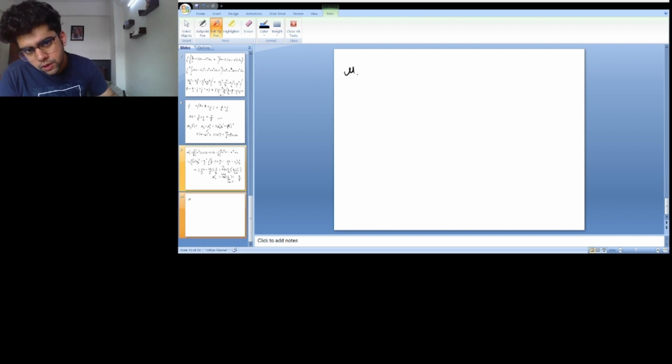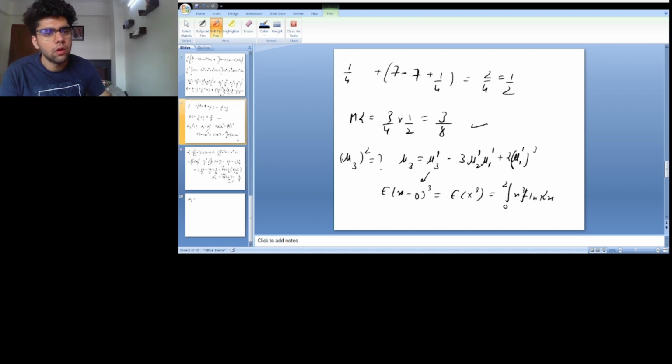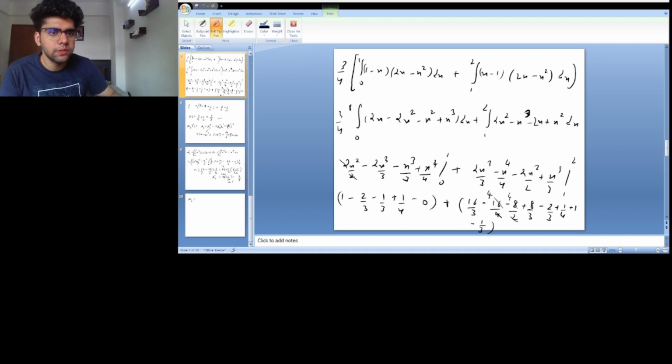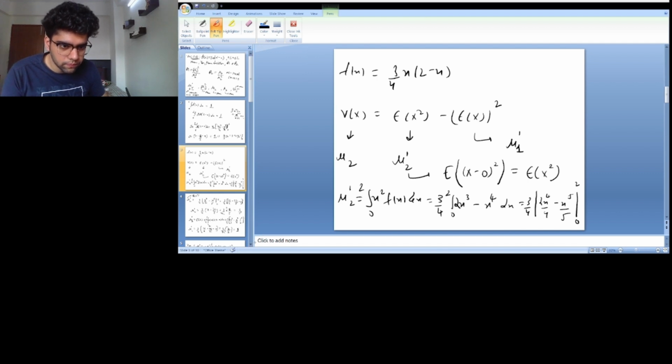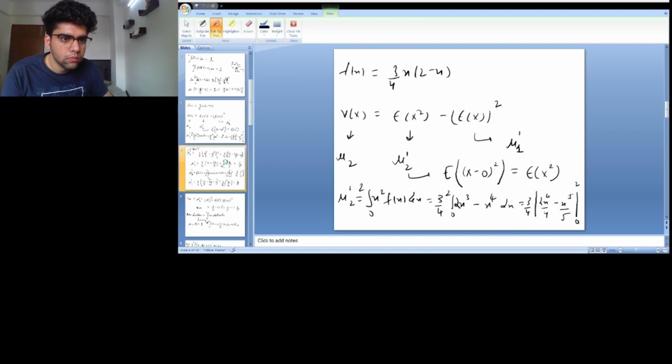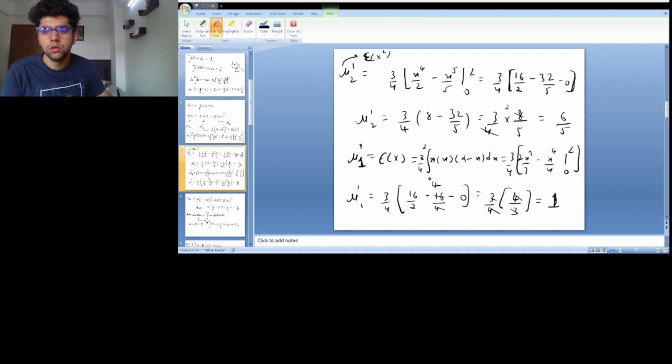So first, let me just find this. Let me just write all of the values first. So this was 1 and this was 6 by 5. So the second moment with respect to the origin is 6 by 5 and the first moment with respect to the origin, which is the mean, is 1.